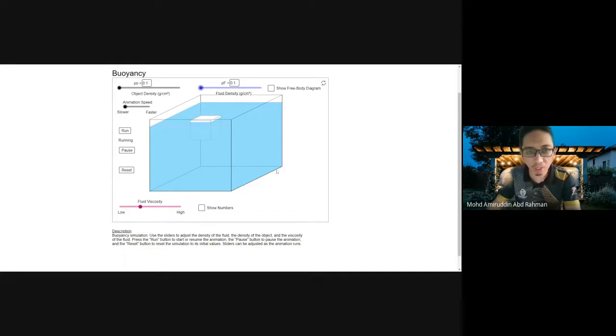But over here, we need to change according to what is given for number 4. So the object density should be 5 gram per centimeter cube, and the fluid density should be 0.1 gram per cm cube.